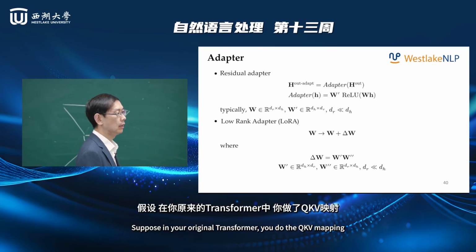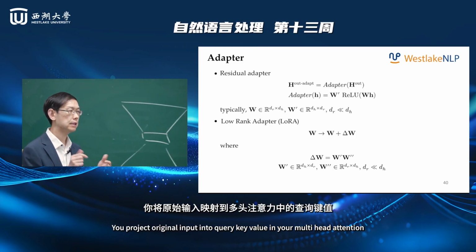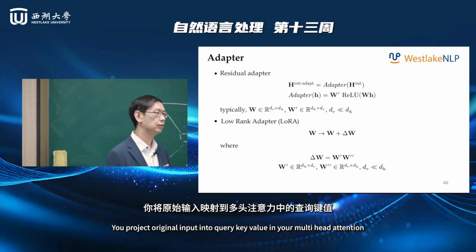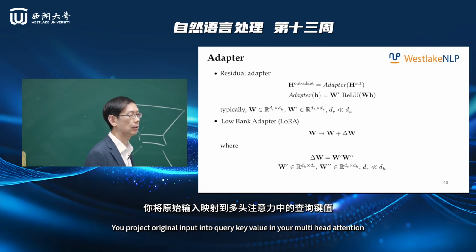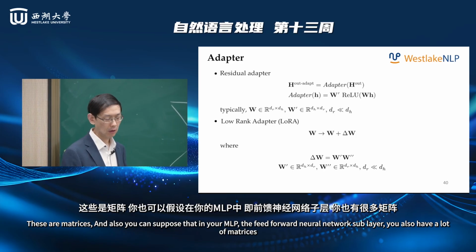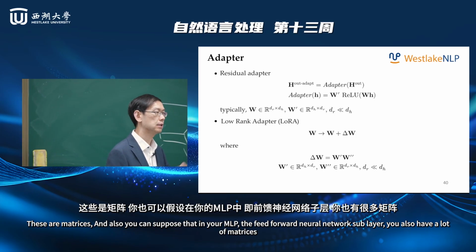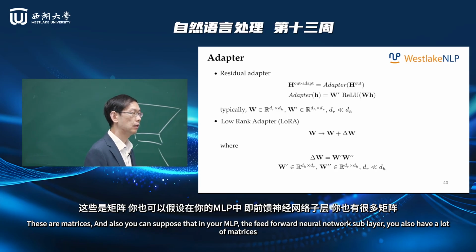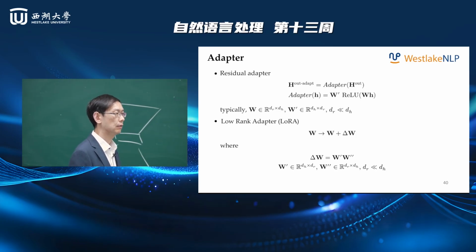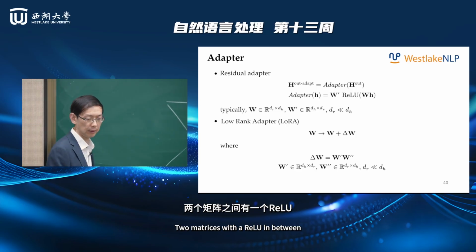Suppose in your original transformer, you do the QKV mapping. You project original input into query, key, value in your multi-head attention. These are matrices. And also in your MLP, the feed-forward neural network sublayer, you have two matrices with a ReLU in between.